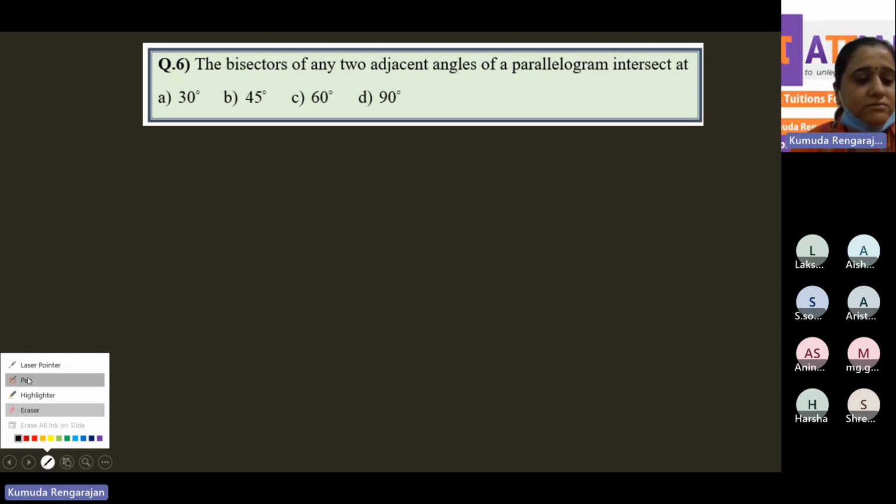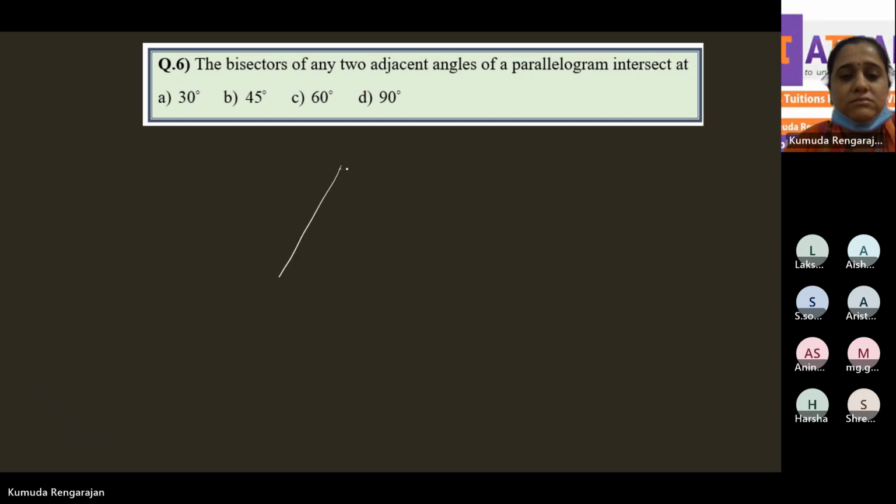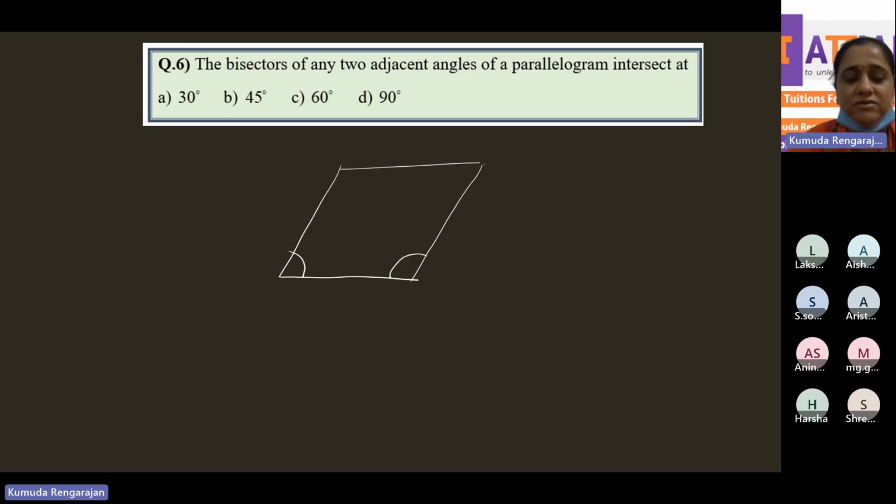Parallelogram, I'm doing it again. A pair of adjacent angles, bisector of this angle, bisector of this angle. They'll meet, you can even extend them like this.